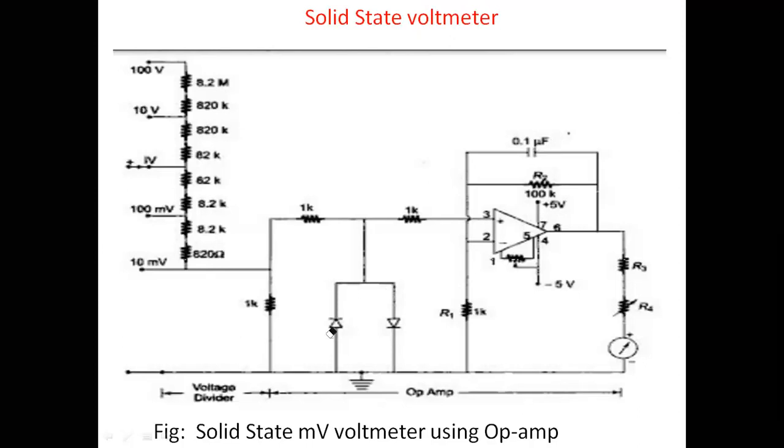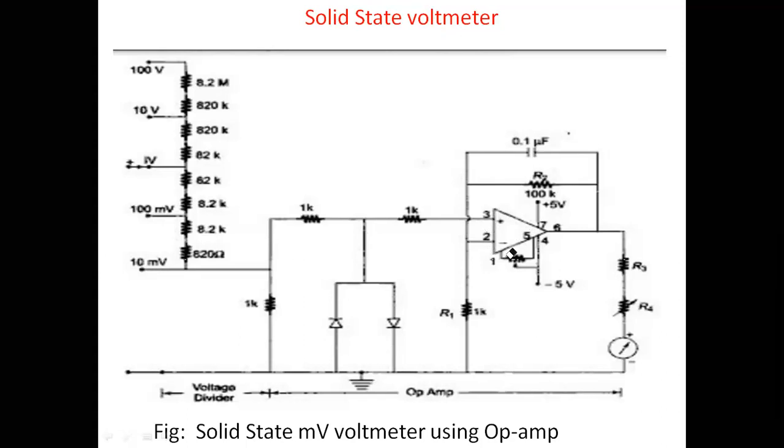Here we have another two diodes connected. These two diodes are connected for the safety of the op amp. Suppose the voltage gets higher, this voltage flows through the diode. Suppose the applied voltage is positive, it goes in this direction, and the IC is safe.